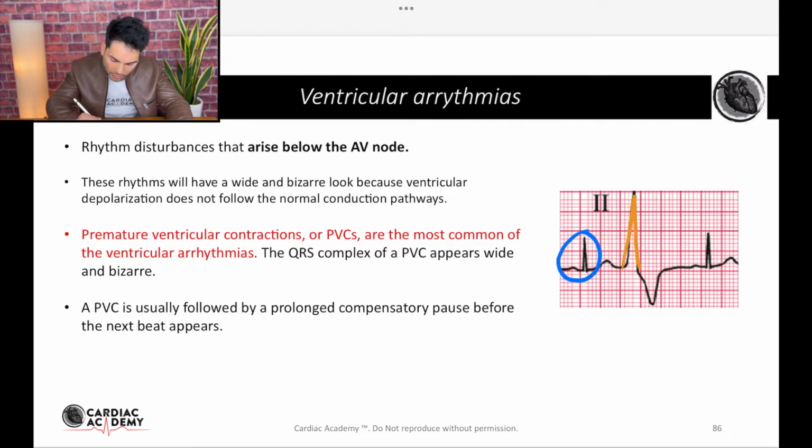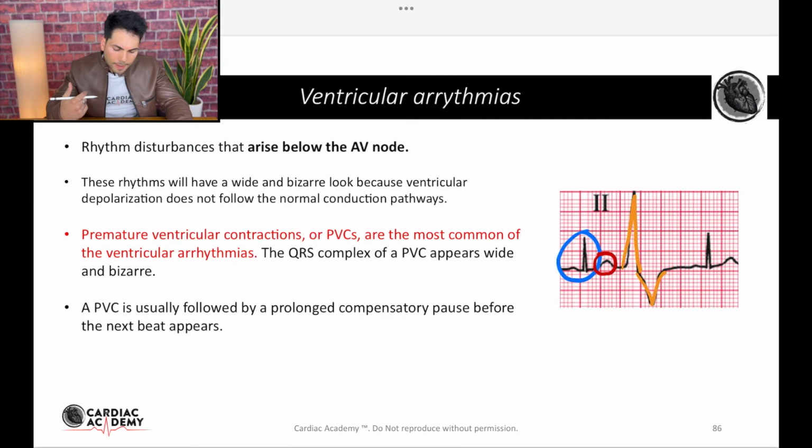This over here is not a P wave, this is a T wave, okay? So you see a wide QRS and a secondary repolarization abnormality right here, this wave which comes right after the PVC. It almost looks like a T wave inversion, but this is all because of the abnormal depolarization. Remember, an abnormal depolarization will cause an abnormal repolarization, okay?